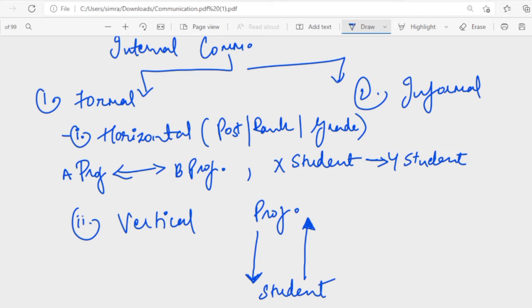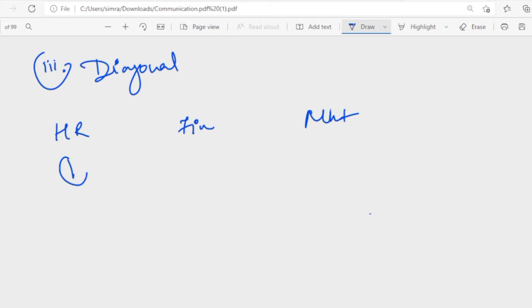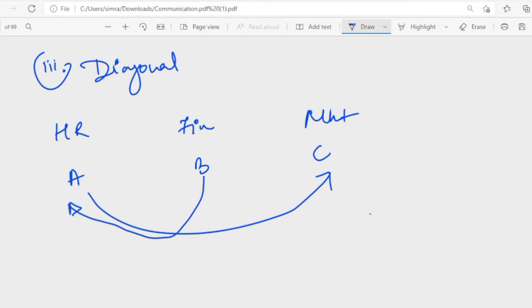Now when the HR person, how do I draw the person? When the HR person A is talking to a marketing person, or a finance person is talking to an HR person, what is this known as?